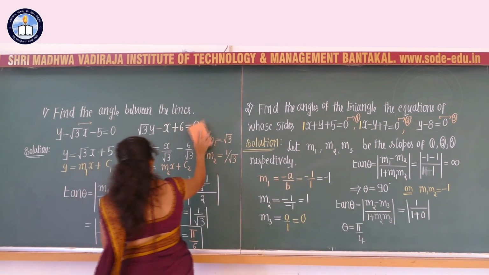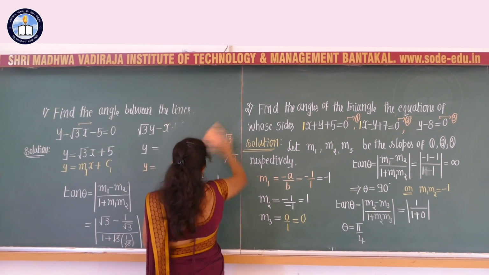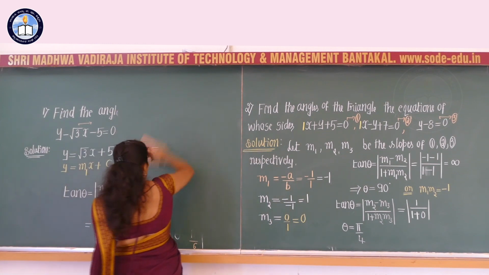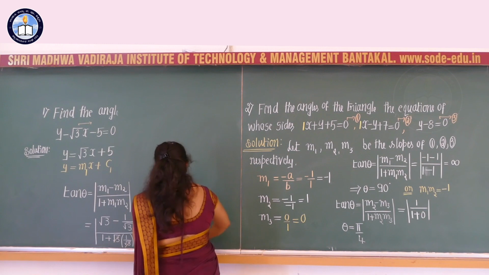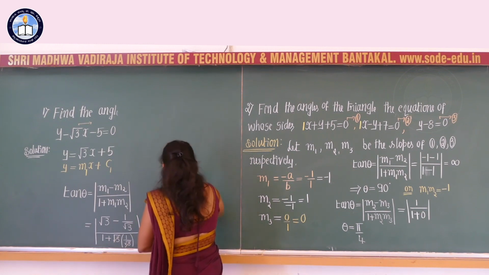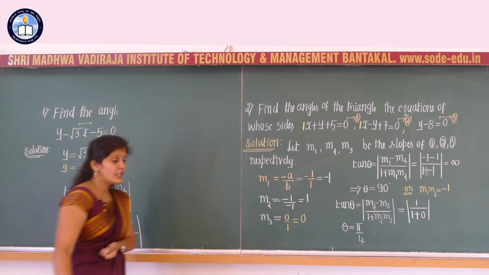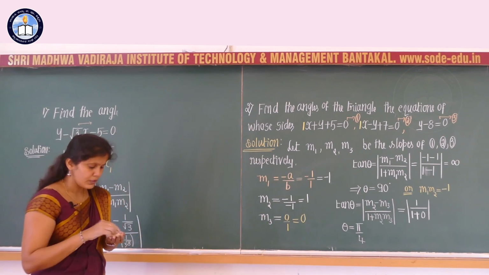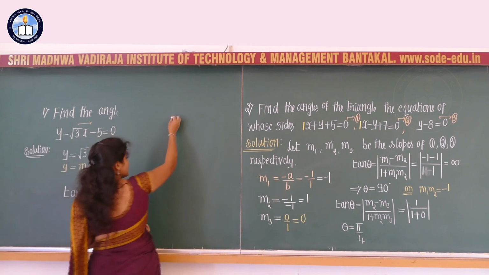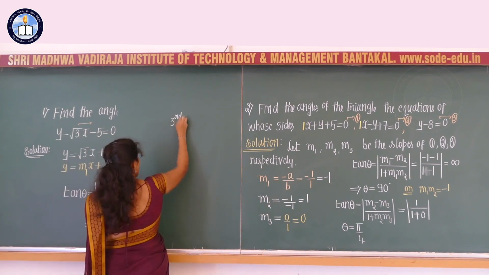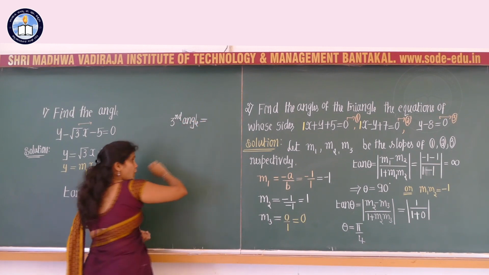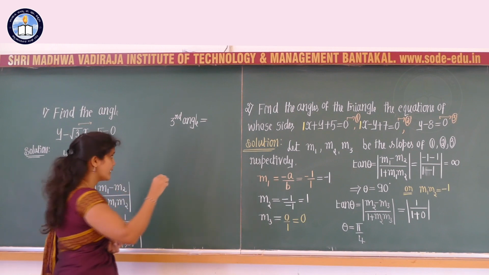So the angle between the first line and the second line is nothing but 90 degree, because the product of their slopes is equal to minus 1, and the angle between the second and third line is theta equal to pi by 4. So how to find the third angle? The third angle is with respect to the triangle. We know that the sum of all the angles of a triangle is 180 degree.